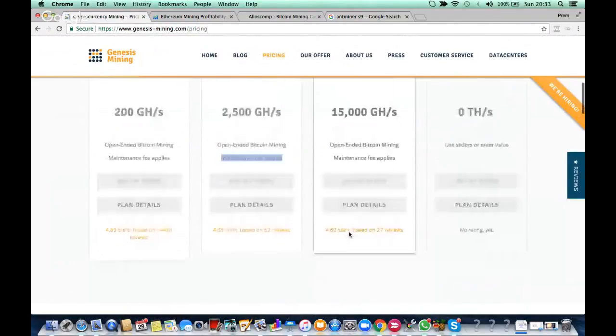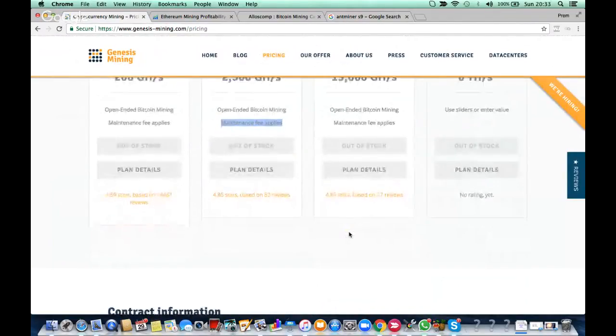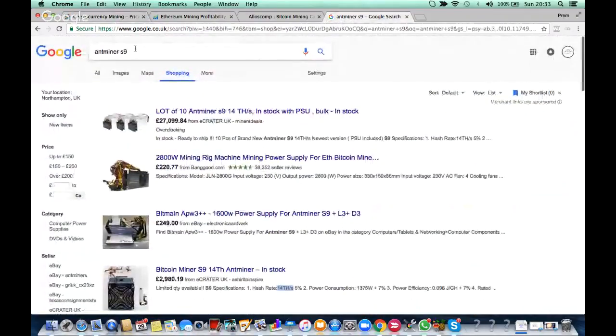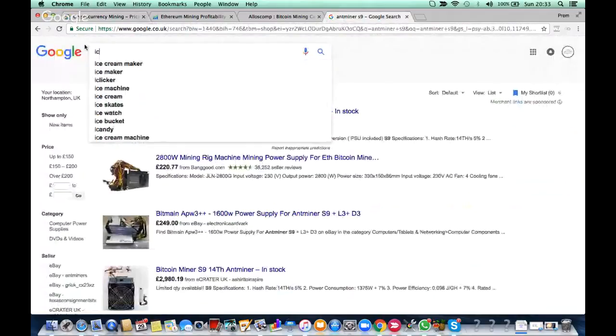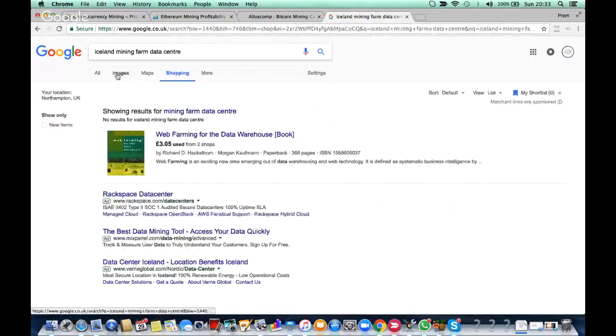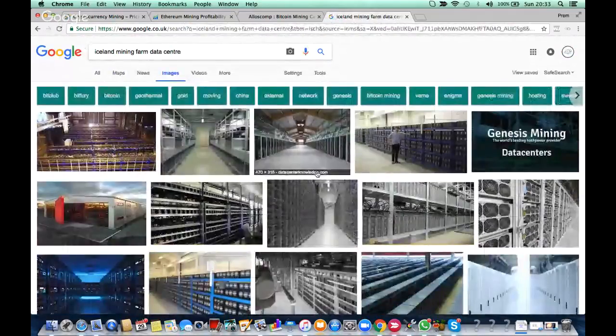And then, there are experts looking after your kit on your behalf in our mining farms, which, again, I'll show you a picture. All you do is Iceland mining farm data center. Let's have a look. Images. These are the farms.